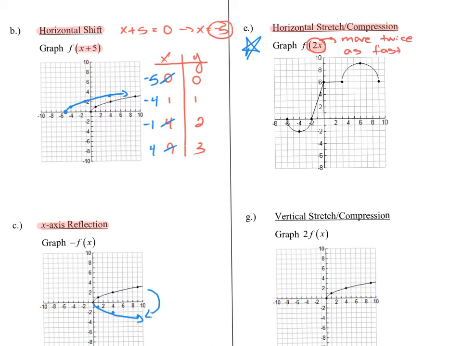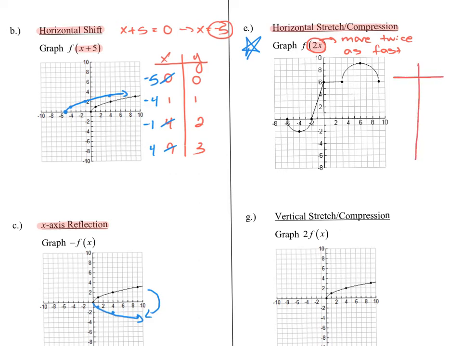So the behavior of this graph is going to move twice as fast, meaning that in the same period of time, it's going to repeat this cycle twice. So what I'm actually going to do is take all of my x values and divide them by 2.